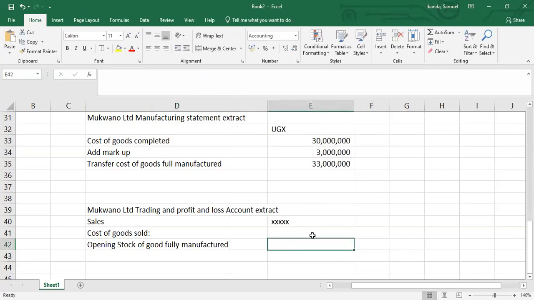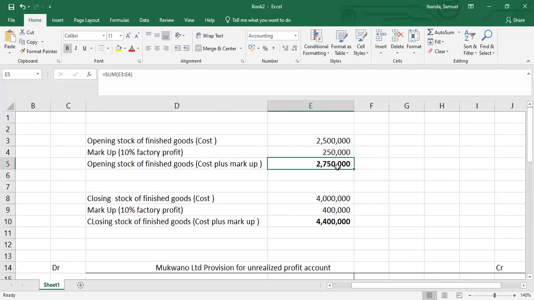And when we are transferring goods at a markup, we should take the opening stock of finished goods at the 2.75, not the 2.5.